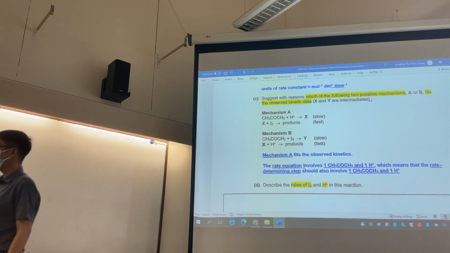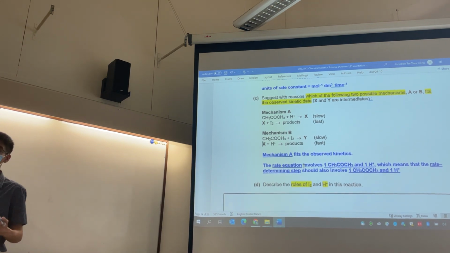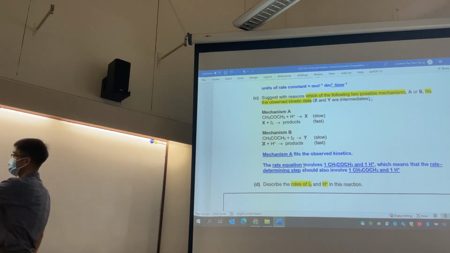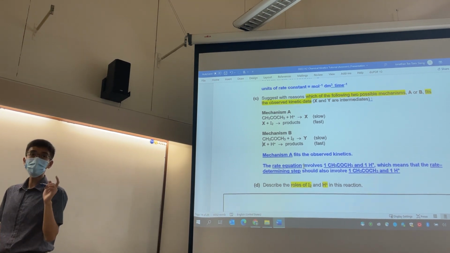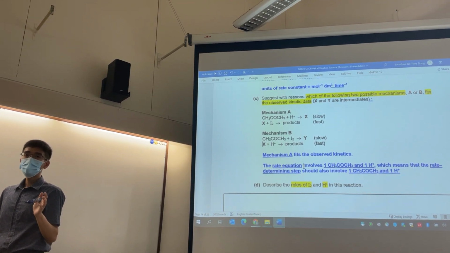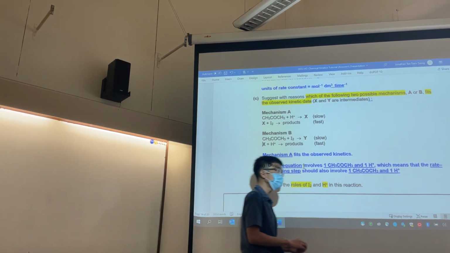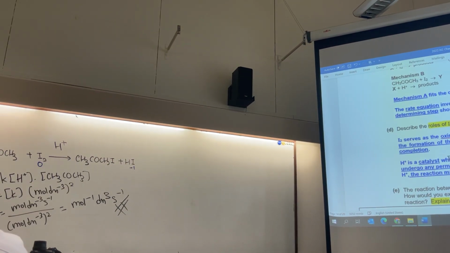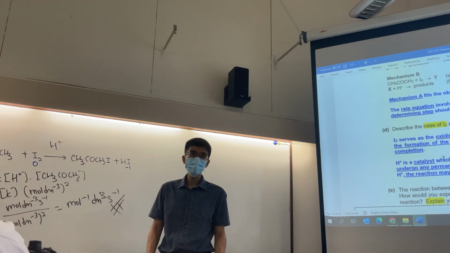Next, what is the function of I2? We cannot just say reactant. You must describe what kind of reactant it is. So in order to do so, let's find the oxidation state. This one is 0. What's the oxidation state of iodine here or here? -1. So what is the iodine undergoing? What is it behaving as? So that's the function of the I2. The I2 is behaving as an oxidizing agent for this reaction. Reactant is too generic.